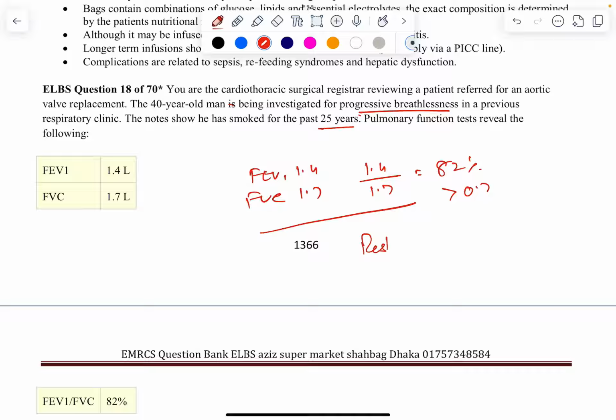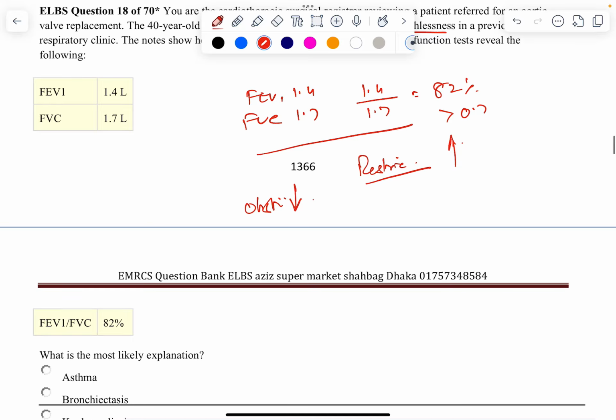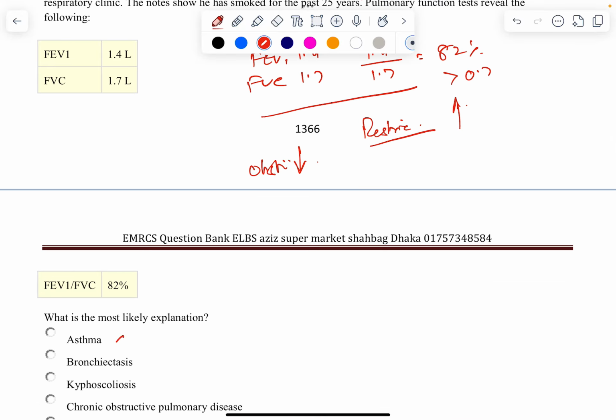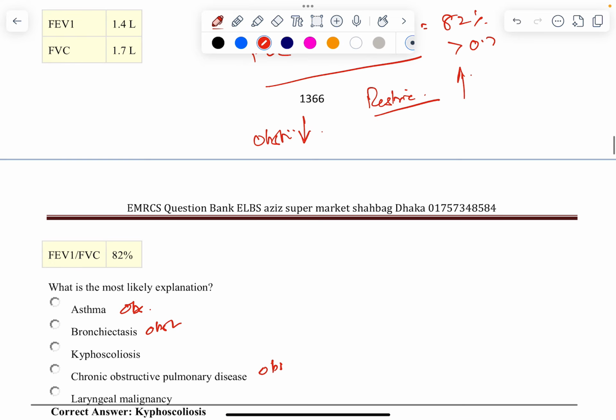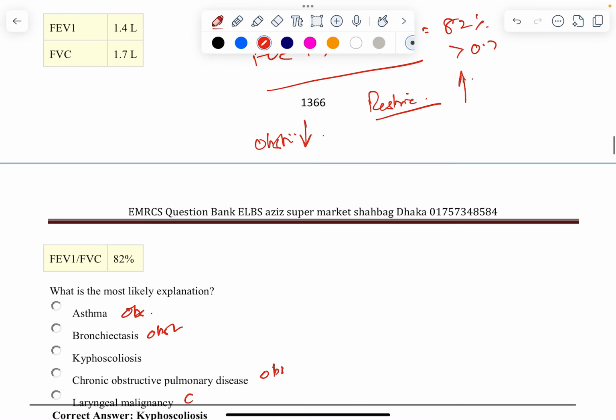So restrictive. You have to think of decrease or increase. COPD is obstructive, and laryngeal malignancy is again obstructive. So this one is restrictive.